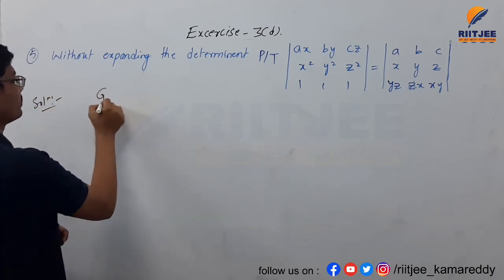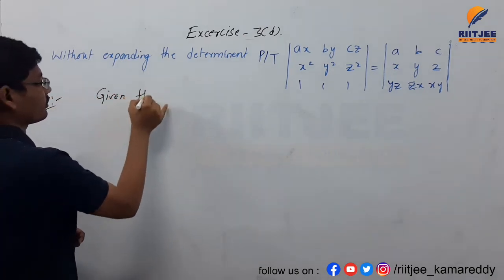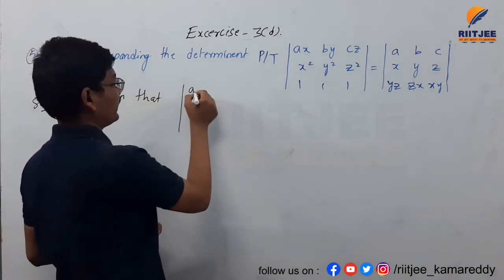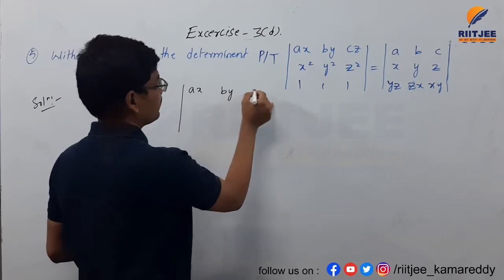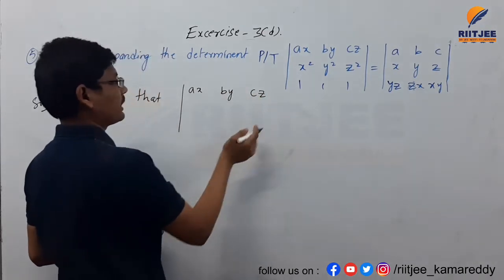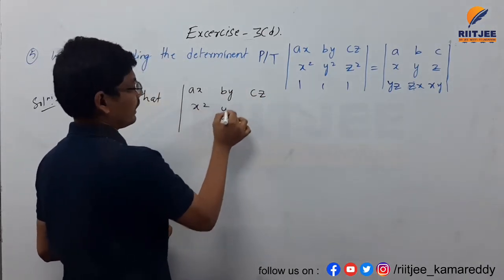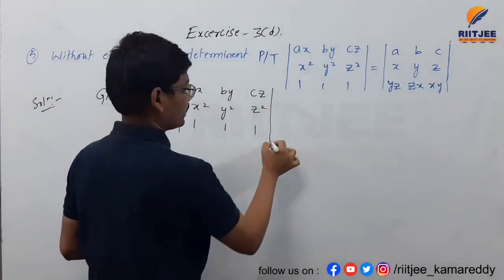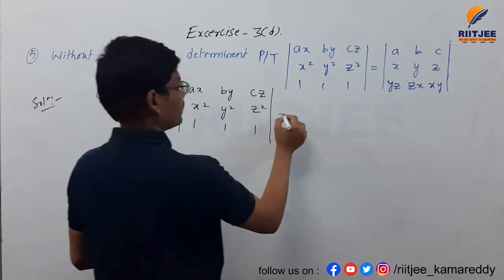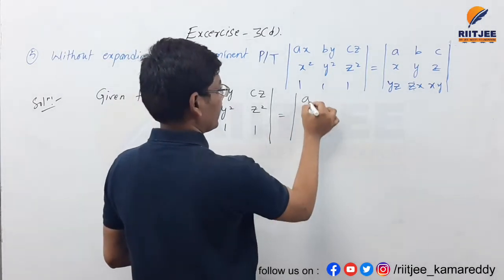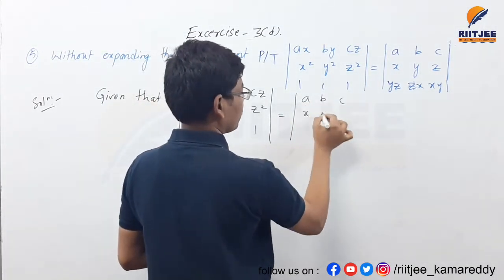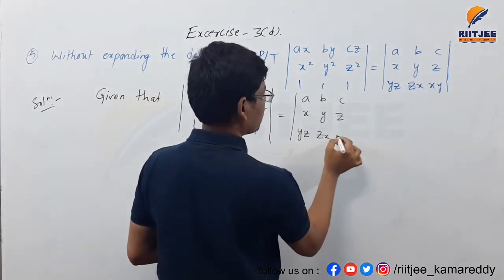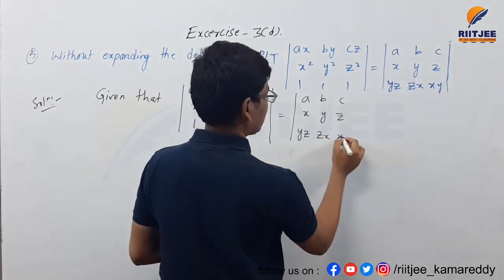given that the modulus of ax, by, cz; x square, y square, z square; 1, 1, 1 is equal to a, b, c; x, y, z; and yz, zx and xy.